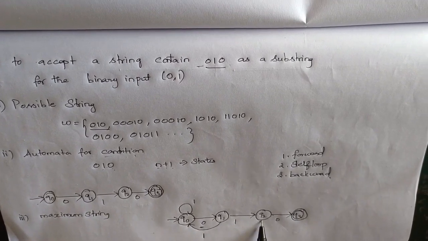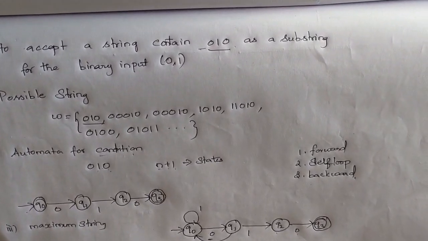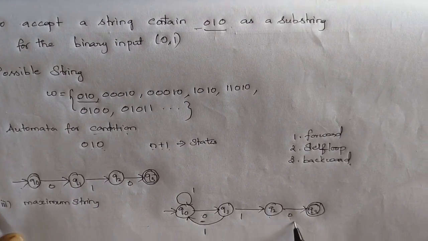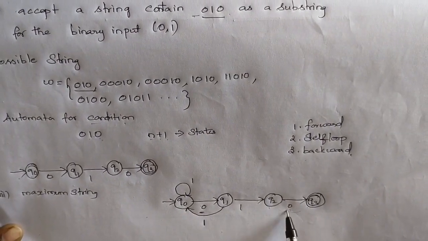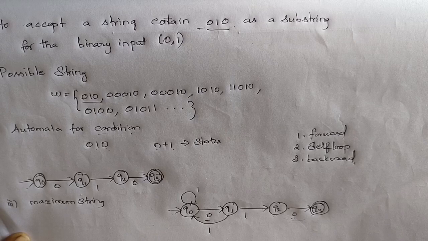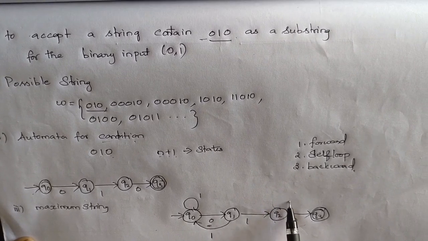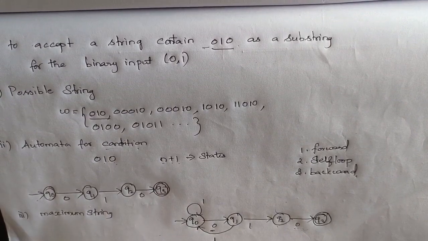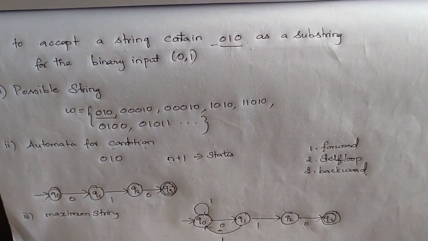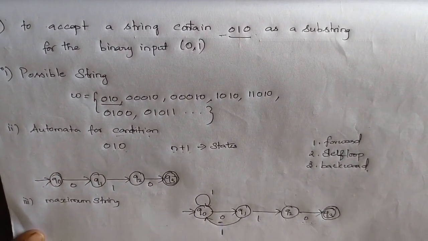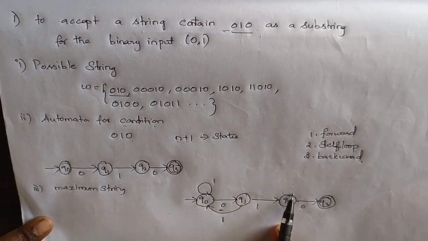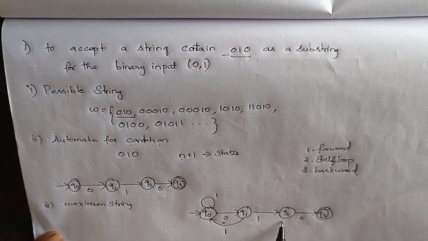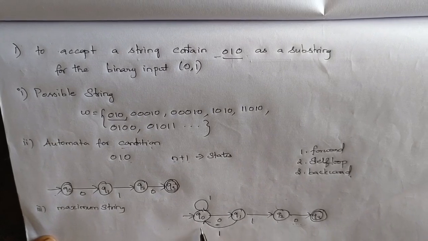Next Q2. At Q2, 0 is transferred, and the balance input is 1. If you give 1 to Q3, we get 0, 1, 1, so the substring 0, 1, 0 is not there. The next option, a self loop, gives 0, 1, 1, 0, so the 0, 1, 0 substring fails. These are all the possible ways we went from the initial state to the final state. Next, backward. For backward we have two possibilities: Q1 and Q0.